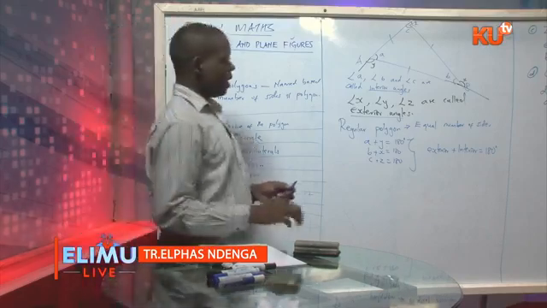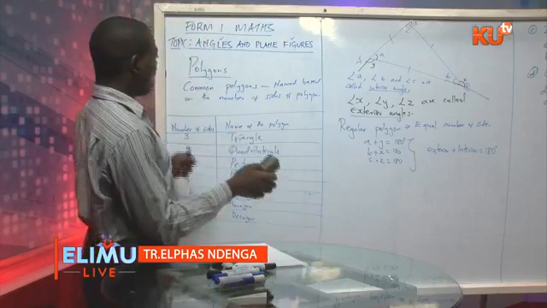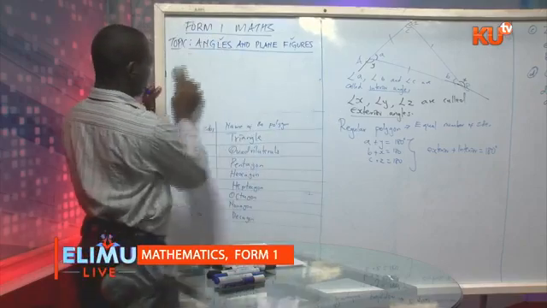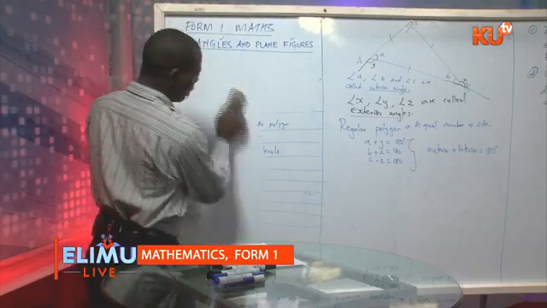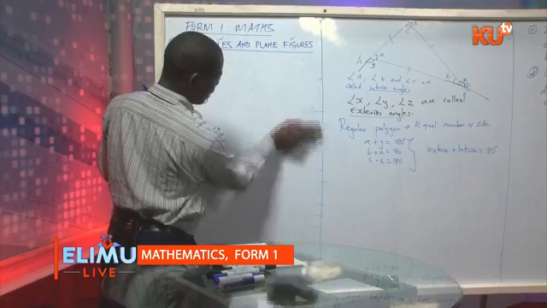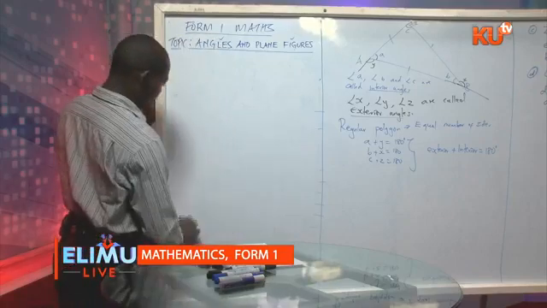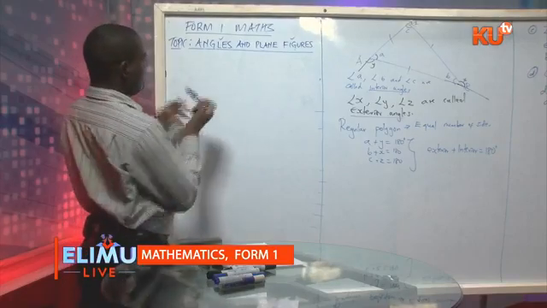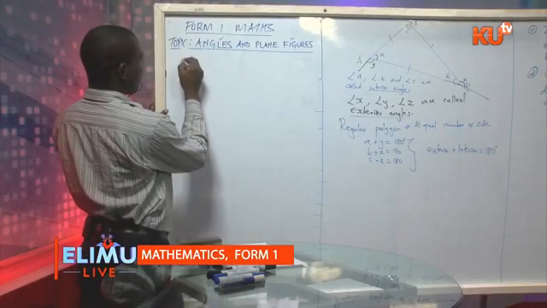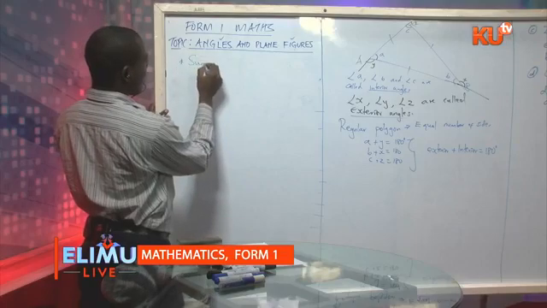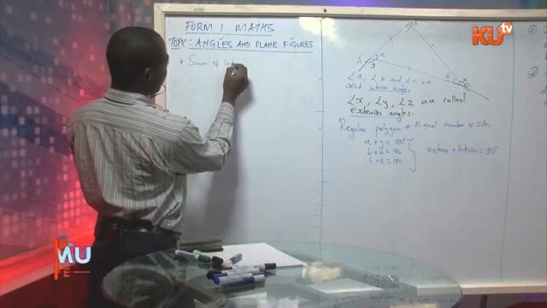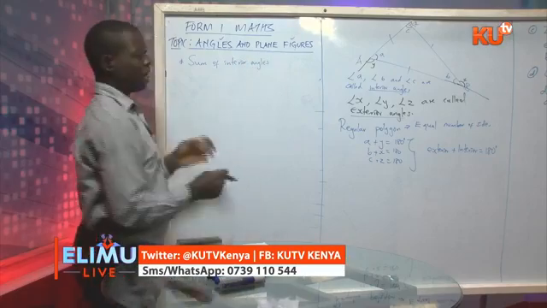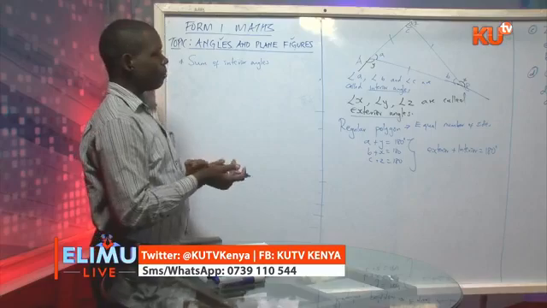Good. In terms of interior angles, how do we relate the interior angles? For interior angles, we have two formulas that we will be applying. Number one, we have what we call the sum of interior angles.